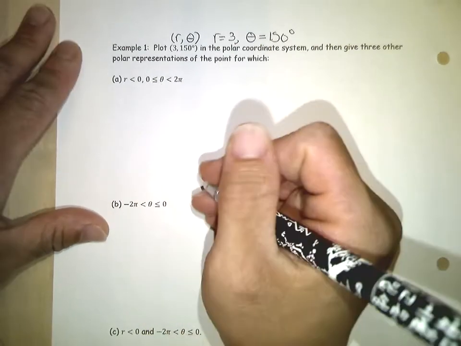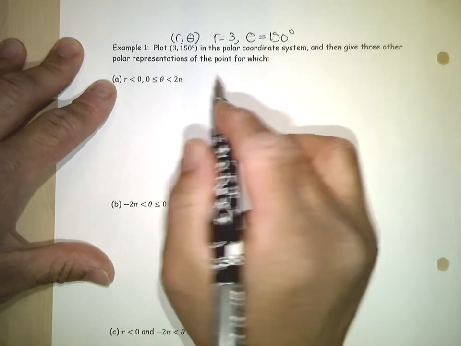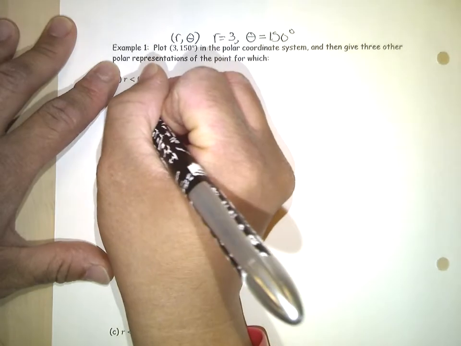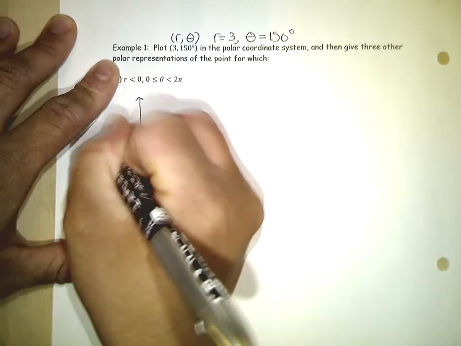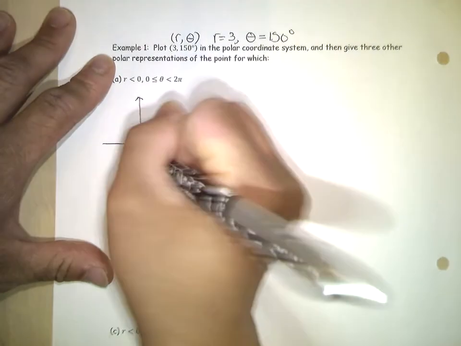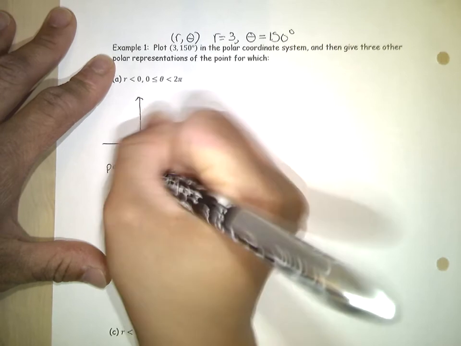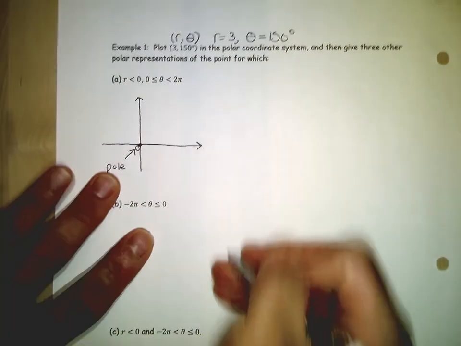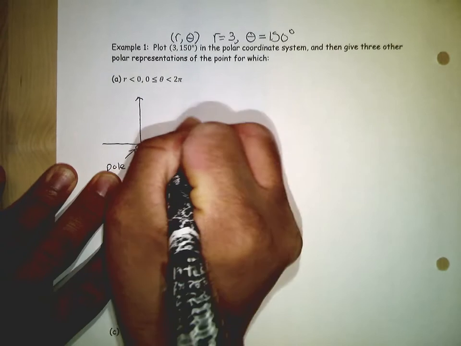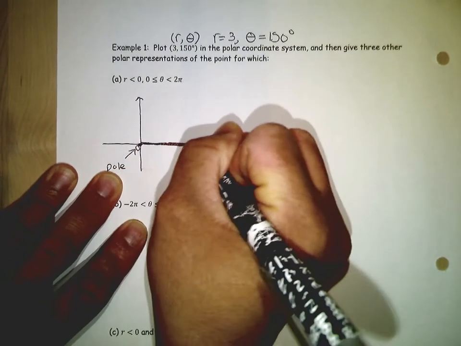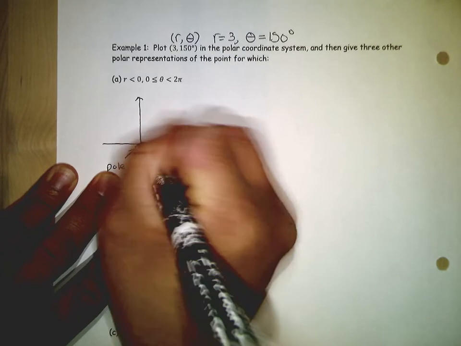So let's start first by drawing the point, and then we'll get the other representations. Remember that we need to have the pole. So here's the pole, and that's O. And then we have the polar axis, which I'm shading the best that I can here.